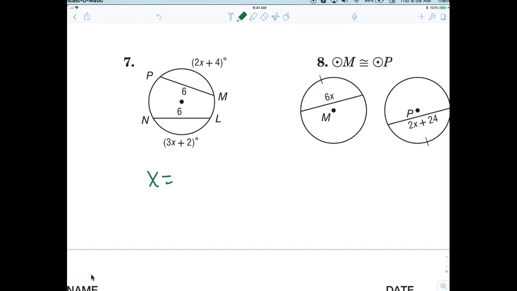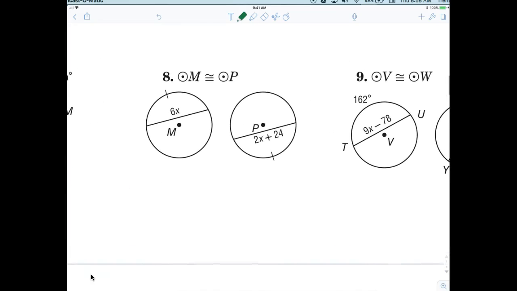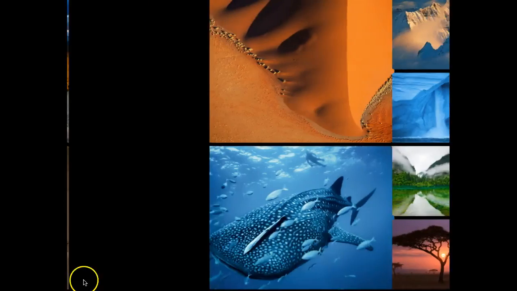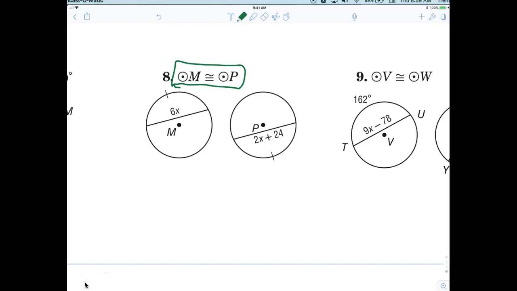X equals 2 again. All right, now look at question number 8. Is it just the same thing separated into circles? And that's a good point. So look up here. It's saying here that the circles are the same, correct?